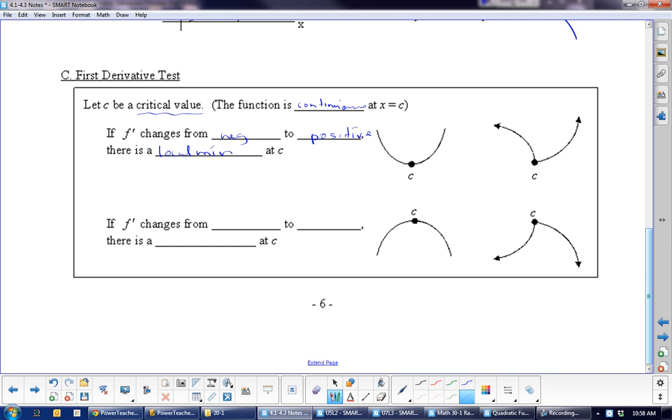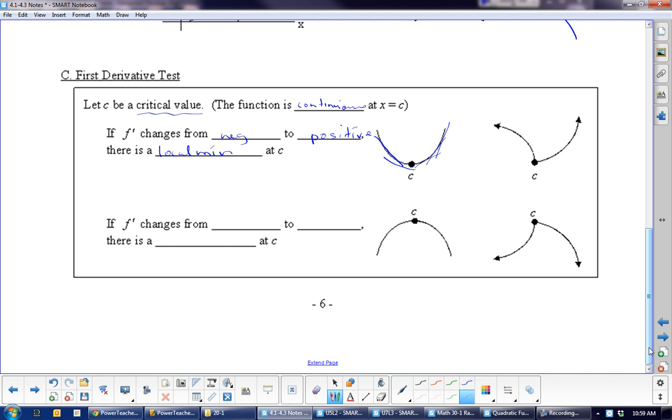Okay, I've also heard them called relative minimums. So if you're going from a negative, see how these are negative slopes, and then you start getting into a positive slope? It's got to be a minimum.